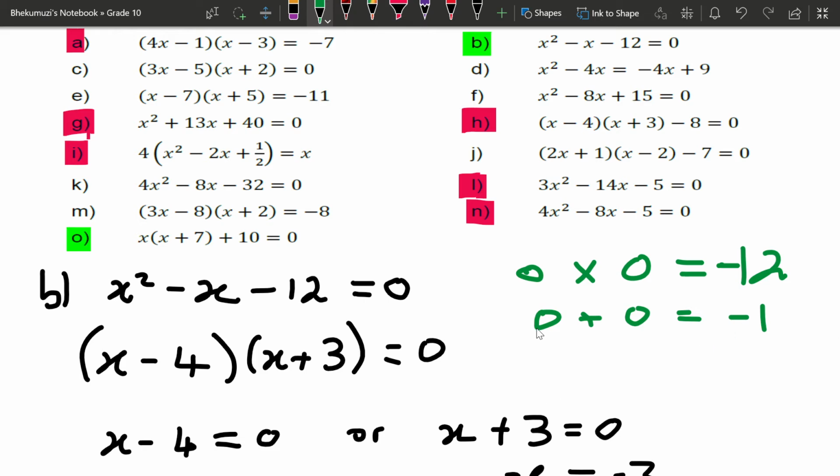Now if you rather think of it as 12 at the beginning, then the sign, whether negative or positive, you'll be informed by adding. Now where does this minus 1 come from? Remember, it comes from this one here, which is the coefficient of x.